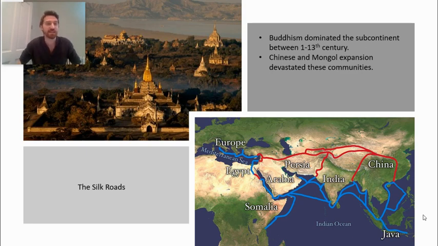And as a result, it is a logical place for many merchants to stop and trade, and in a lot of cases, end up living there. So, what you get in India and northern India, especially, is an incredibly diverse social, religious, and ethnic background. So, there's lots of different groups trying to live and gain influence there.